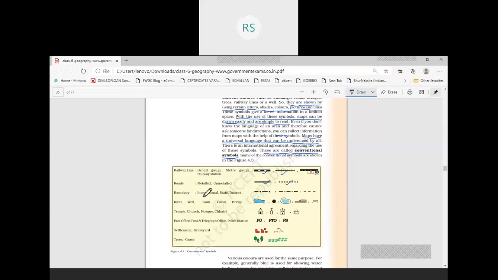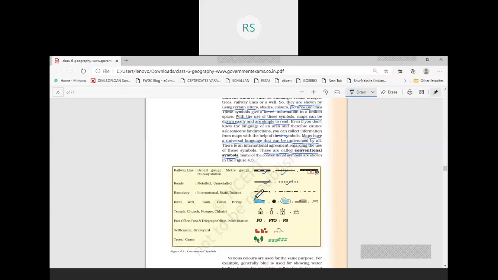International boundary, state boundary, district boundary. What is international boundary? When the boundary is drawn between two countries. Suppose the boundary between India and Nepal, the boundary between India and China, the boundary between India and Myanmar, that is international boundary.